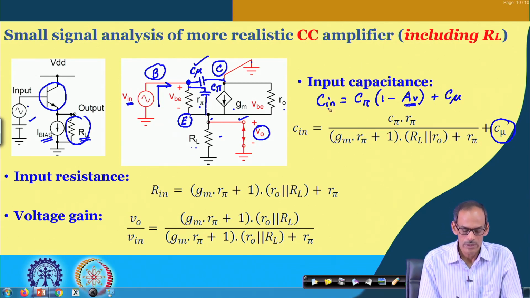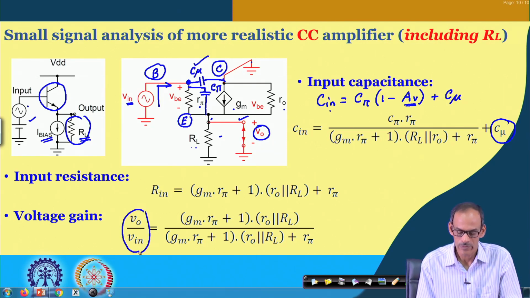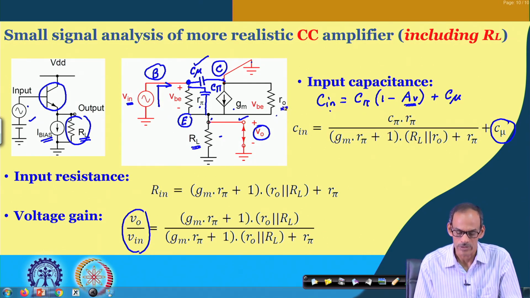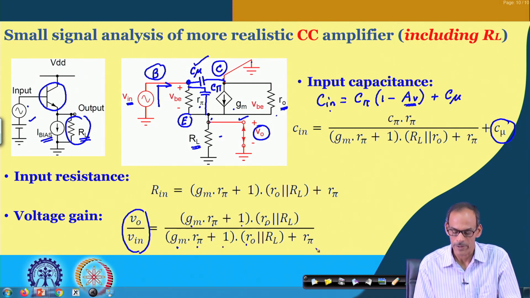In our previous analysis we obtained the voltage gain Vo divided by Vin where RL was very high. That expression was Gm R pi plus 1 into R naught in the numerator, and in the denominator Gm into R pi plus 1 into R naught, plus R pi.